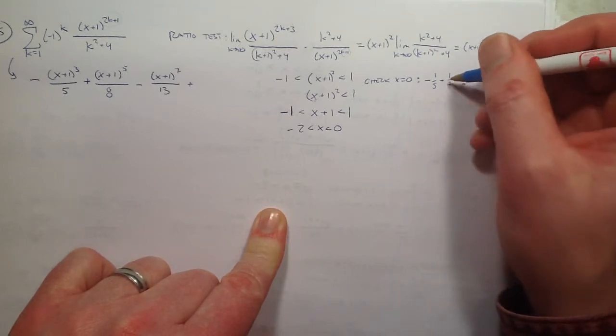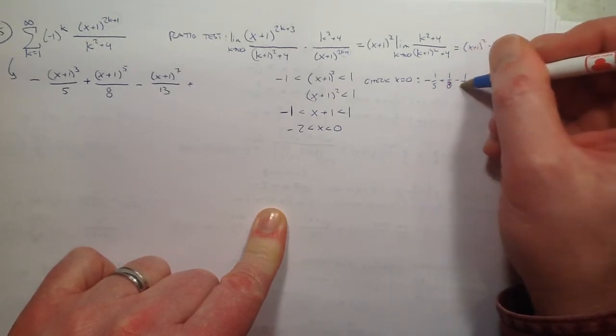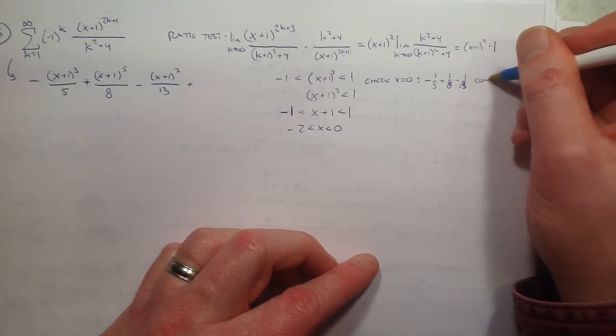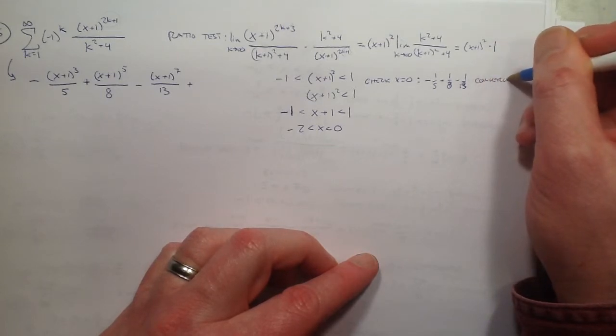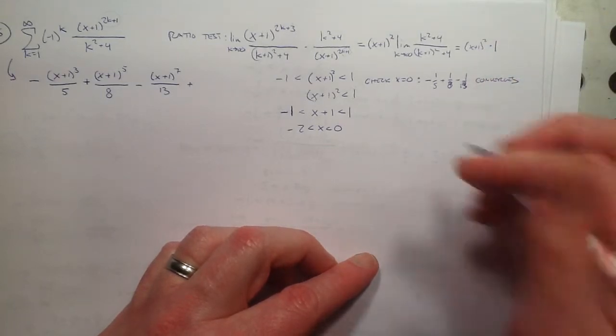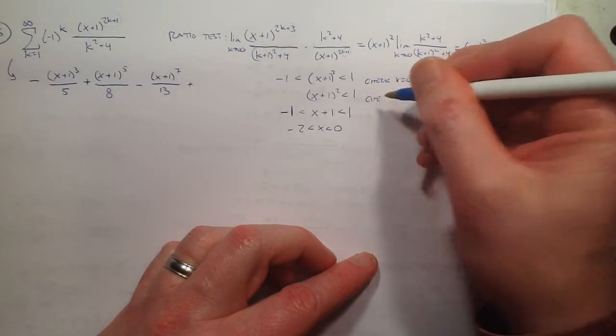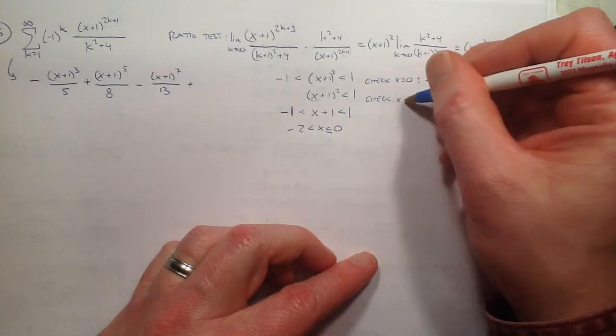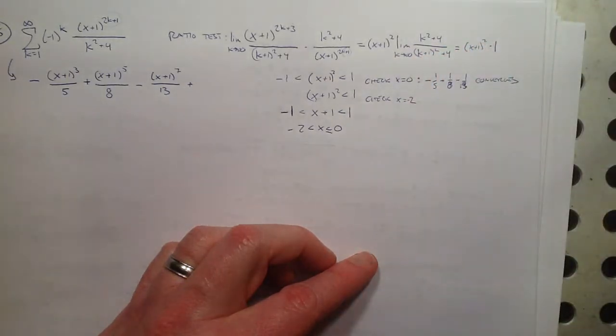Oops, sorry, where am I getting those numbers? 8, sorry, 13. And so by the alternating series test, it's alternating and the terms are getting smaller to 0. So that converges there.